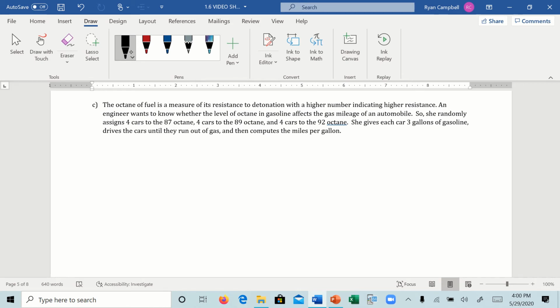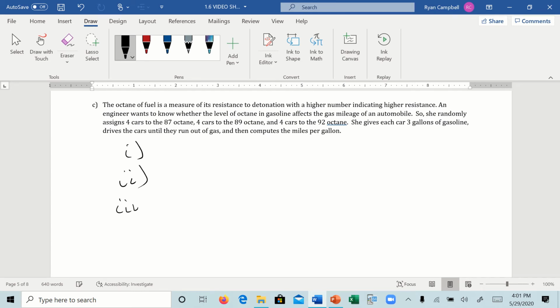So she randomly assigns 4 cars to the 87 octane, 4 cars to the 89 octane, and 4 cars to the 92 octane. She then gives each car 4 gallons of gasoline, drives the cars until they run out of gas, and then computes the gas mileage.